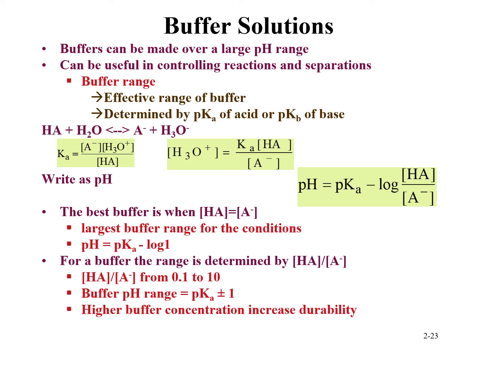Now, a buffer is best when the deprotonated and protonated concentrations are the same, so it has the largest capacity. If these are the same, the ratio would be equal to 1, and the pH would be equal to the pKa minus log 1. Log 1 is 0.